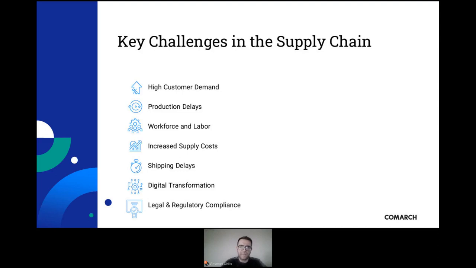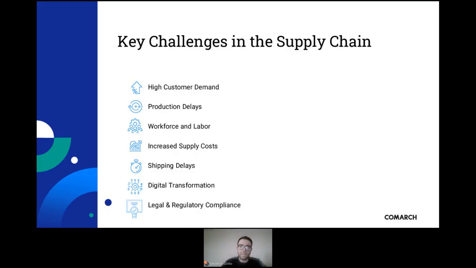Digital transformation right now is another key challenge for many leaders. From the recent disruption in the industries, it's really a fact that supply chains need modernization. Digital transformation was already a discussed topic before the pandemic, but with this increasing crisis, digitalization has been accelerated, moving faster in supply chains.